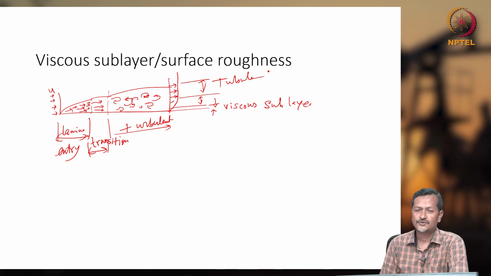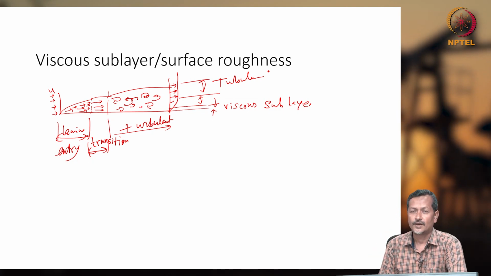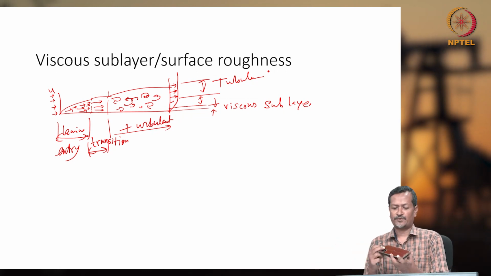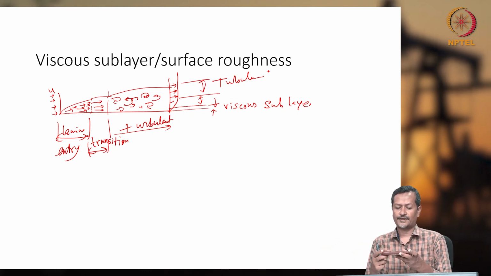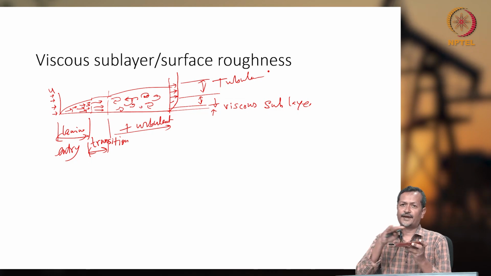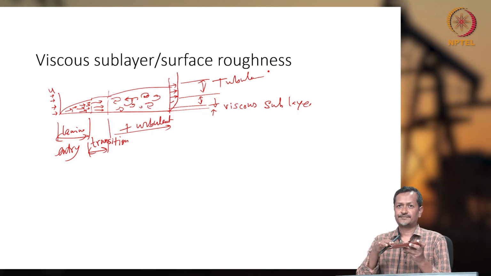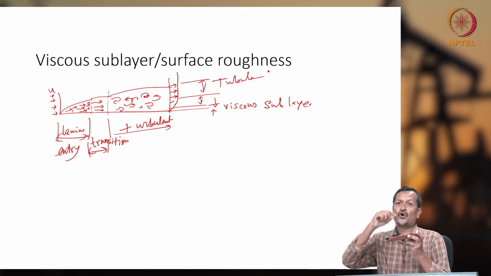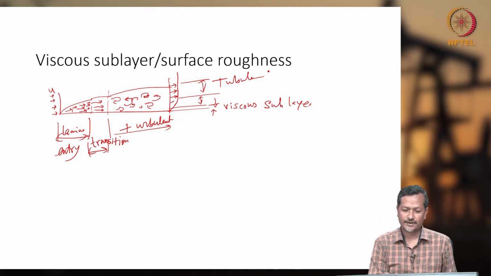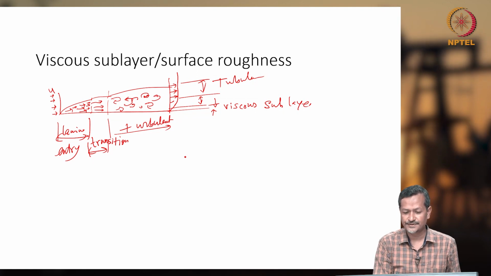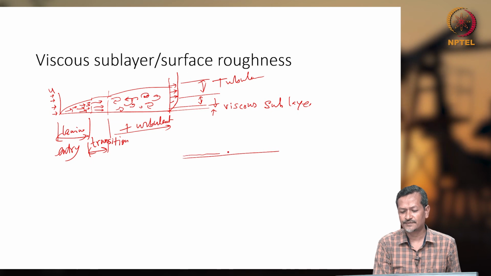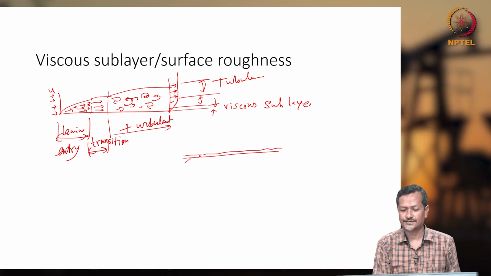And now surface roughness. Whenever we talk about surface roughness, if you see any surface, for example this mobile device, with the naked eye you can see this is a smooth surface, but if you take a microscope, actually the surface is not smooth, you will find lots of ridges and valleys. By naked eye the surface may look a little bit rough like this.